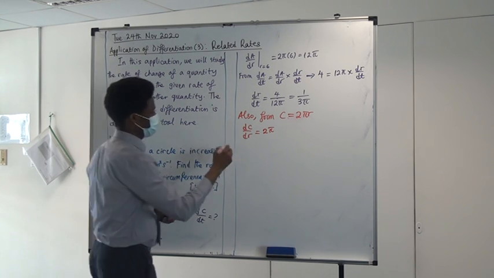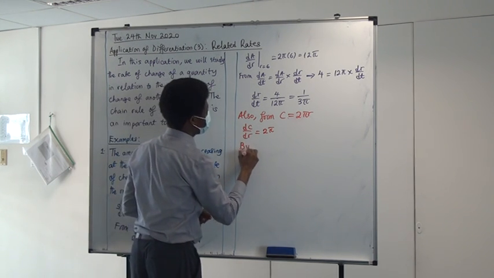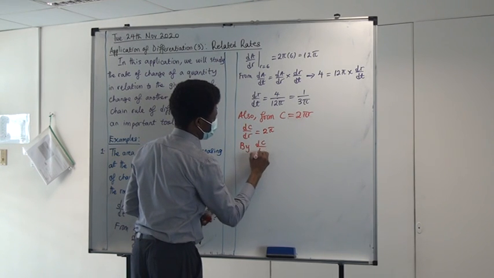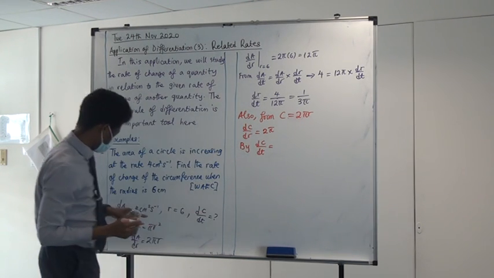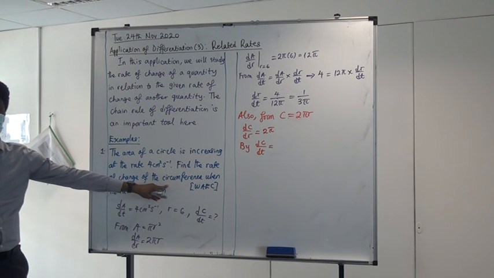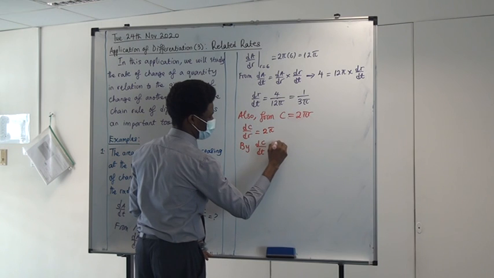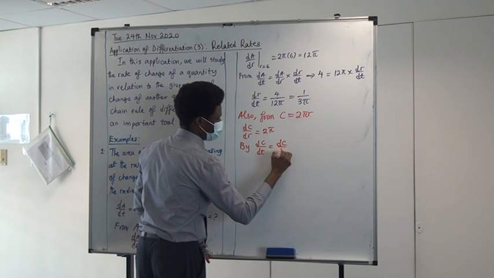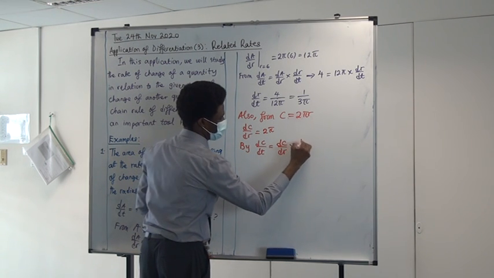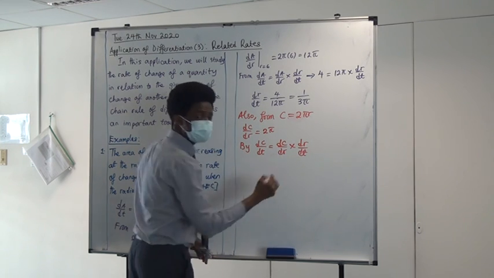Understand? So again, by chain rule, the dC/dt, which is equal to, remember, this is what we are looking for. Okay? The dC/dt, let's write the formula in terms of chain rule. Yes? The dC/dr times dr/dt. Can you see that?